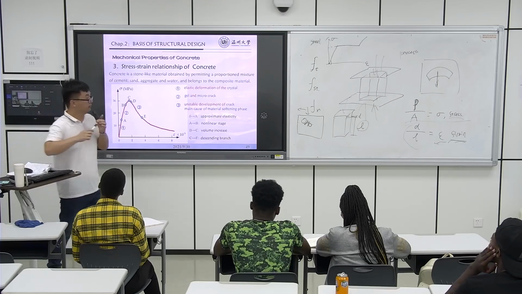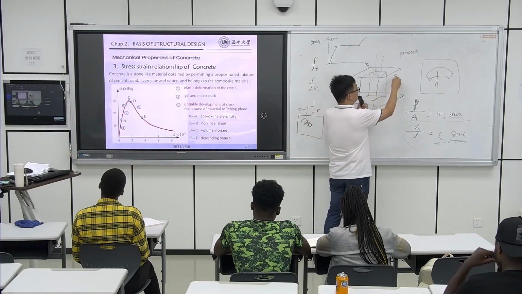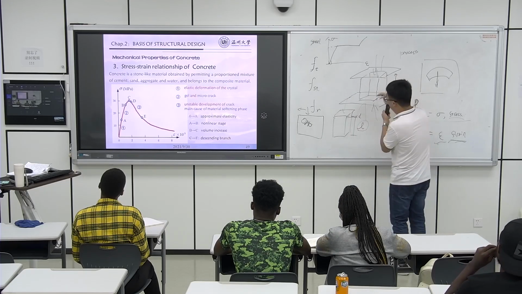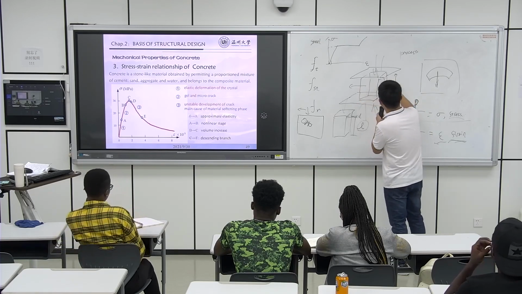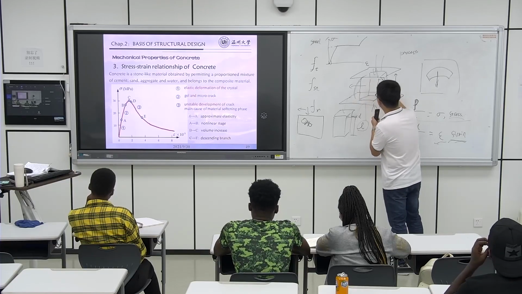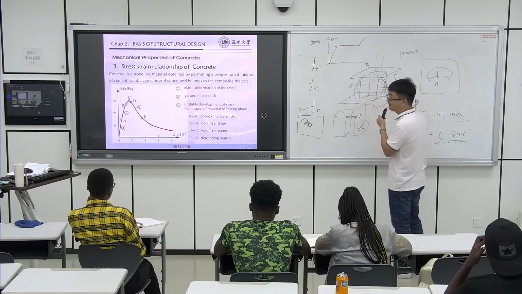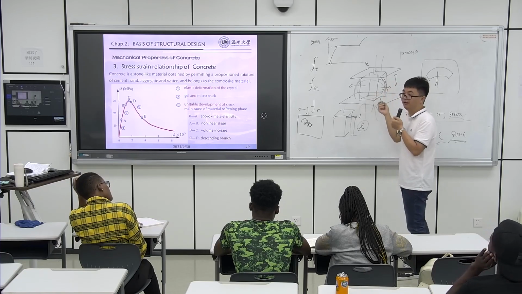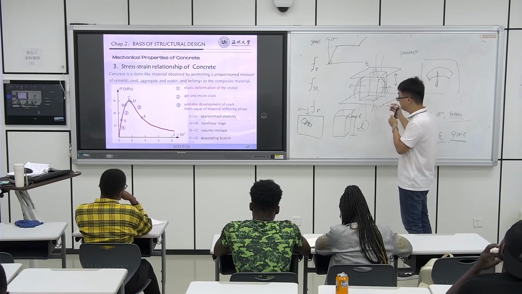Because we know if we give the force in this direction, the length will decrease, right? It means it had a deformation. But in this direction, it will be bigger. So totally here we see the volume actually increases, because it's affected by the load applied on the specimen.